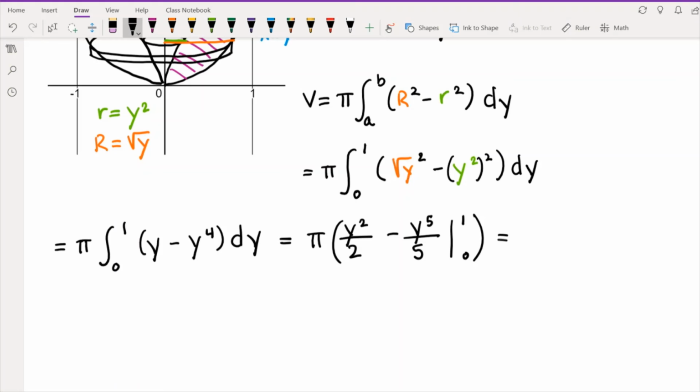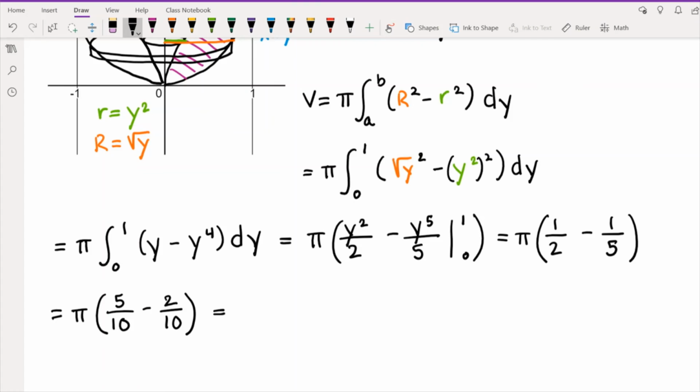So that's going to give us pi times 1/2 minus 1/5, and then if you plug in 0, you just get 0, so we can skip that. And what is 1/2 minus 1/5? Well, if we make a common denominator of 10, we'll have 5/10 minus 2/10, and so we're going to be left with 3 pi over 10, and that's our final answer.